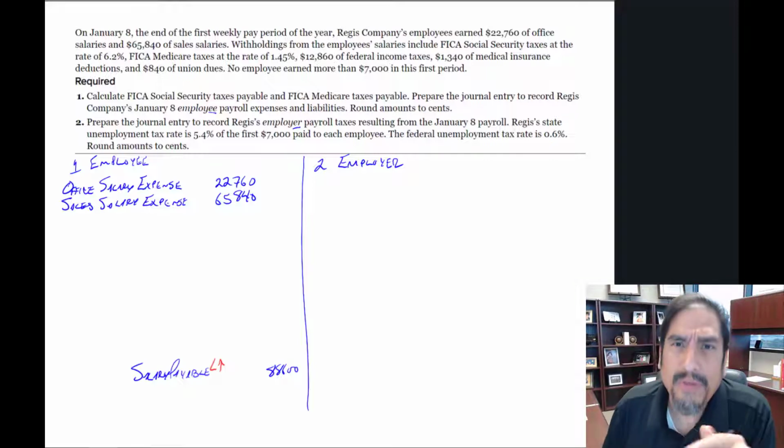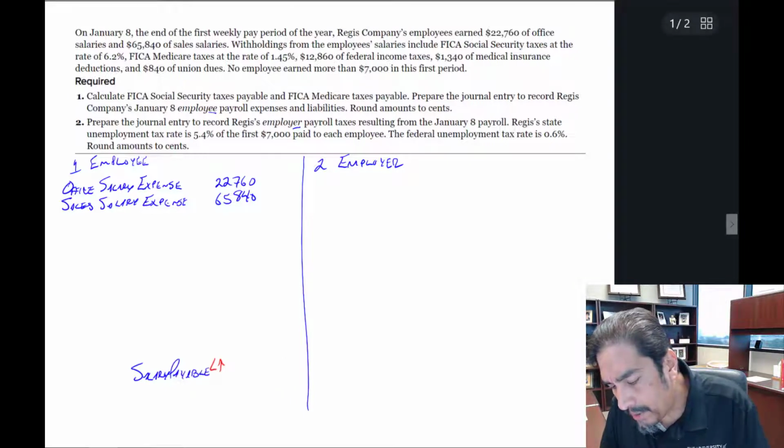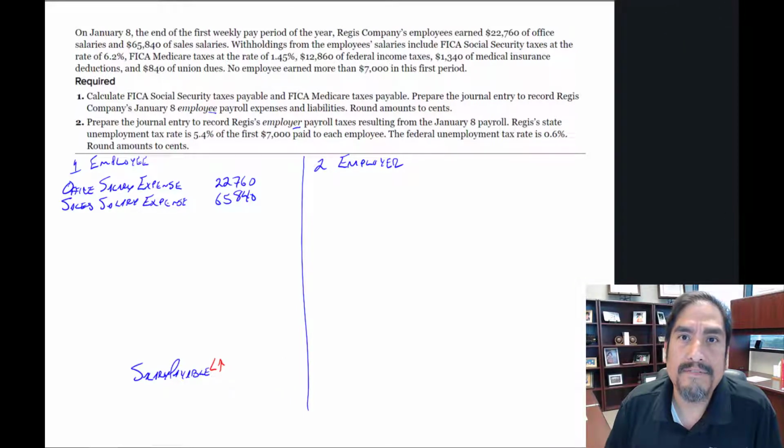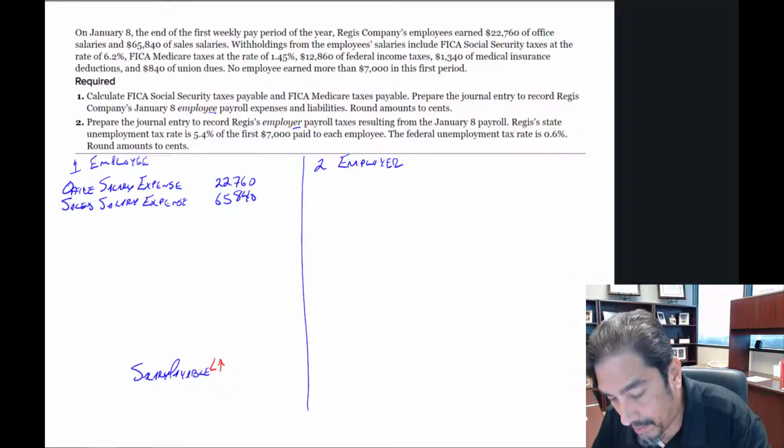And we know there are going to be deductions. So this is actually going to be our plug. Whatever's left over is going to go to that salaries payable account. So let's calculate all of the other payables that are the deductions from gross pay. We'll start off with Social Security.